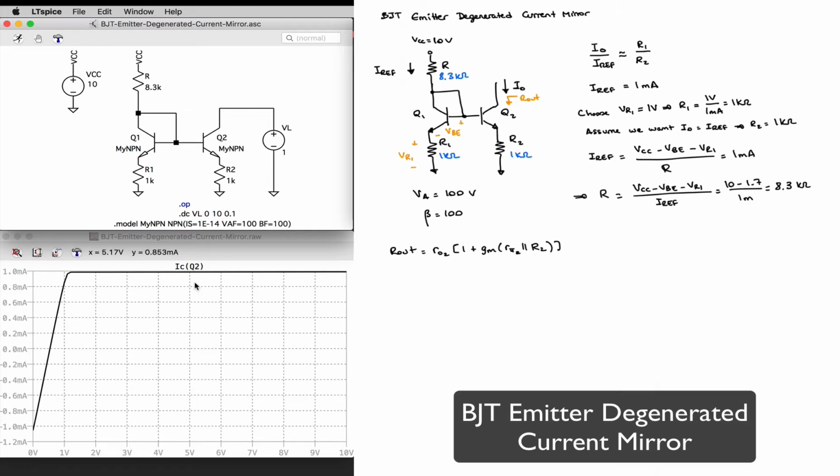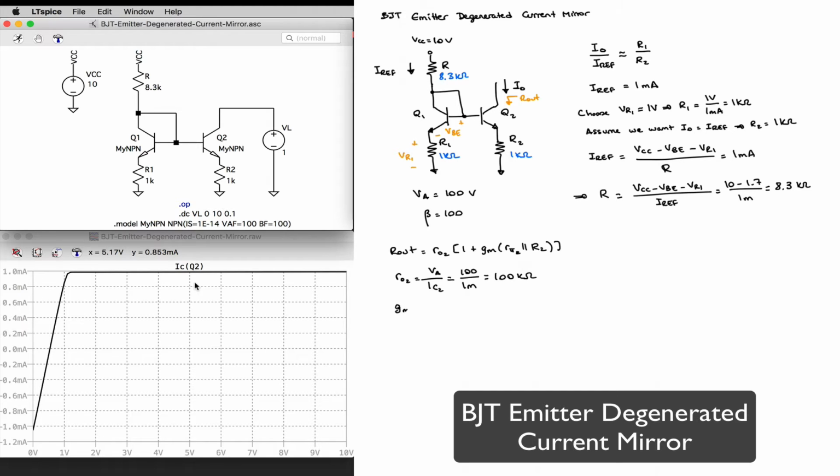Okay, and I need to calculate little rho 2 for one thing. It's going to be VA divided by IC2, or approximately 100 volts divided by 1 milli, or 100K.